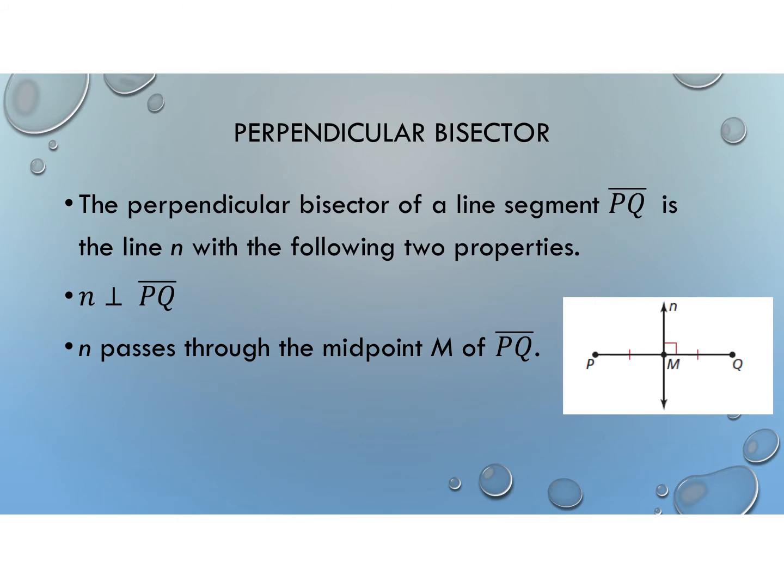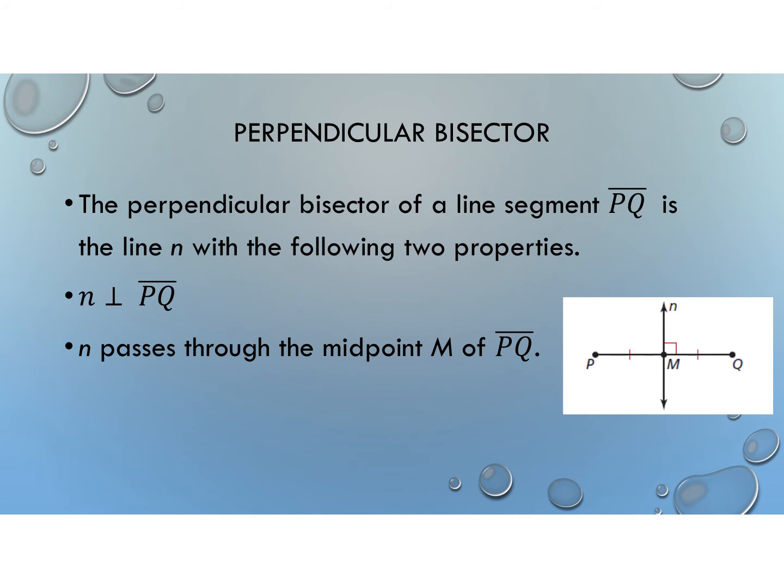All right, next is the definition of a perpendicular bisector. So the perpendicular bisector of this line segment PQ is going to be line N with the following 2 properties. N is, first of all, perpendicular to PQ, and N is also going to pass through the midpoint of PQ. Remember, a bisector is going to split the segment into 2 congruent parts.